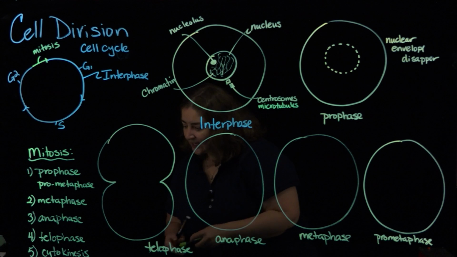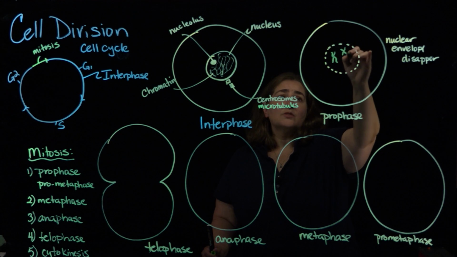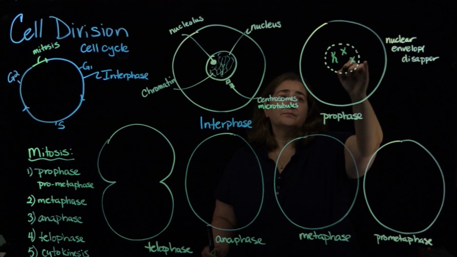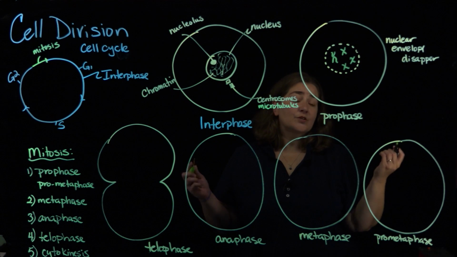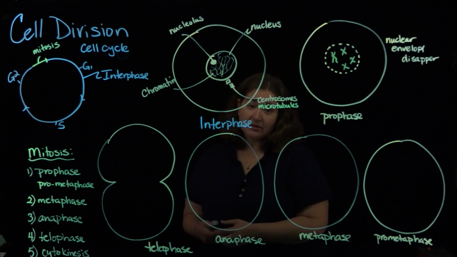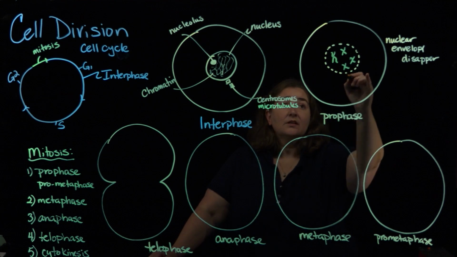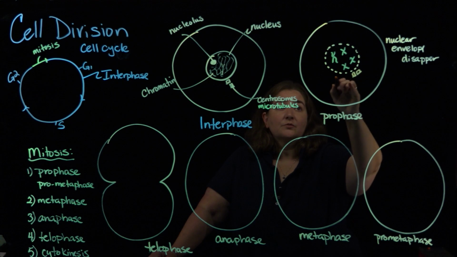And inside the nuclear area, you're going to start to see chromosomes condensing. I'm going to just draw 4 here for simplicity's sake. Be aware when we're talking about human cells, there are more than 4 chromosomes.